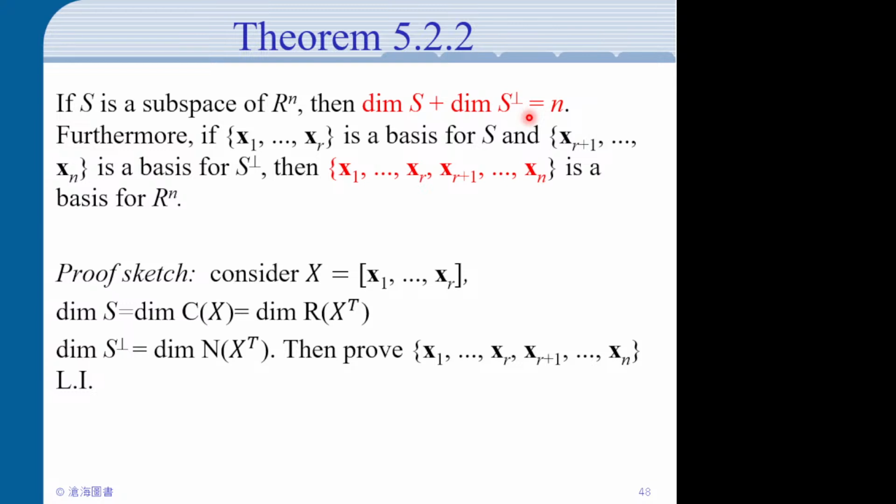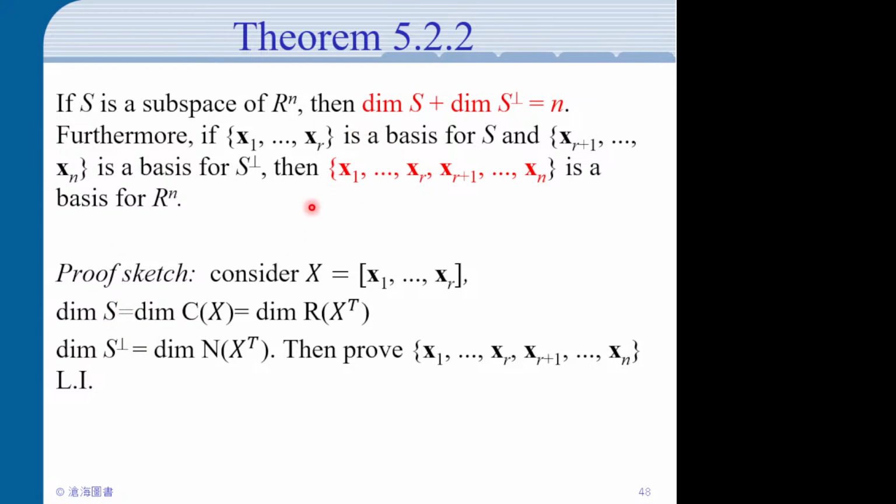Personally, I don't like it. It's a little funny way to prove this, but this is how we show this kind of completeness property of the dual space, the complement space and the subspace. So the dimensions add up to n.